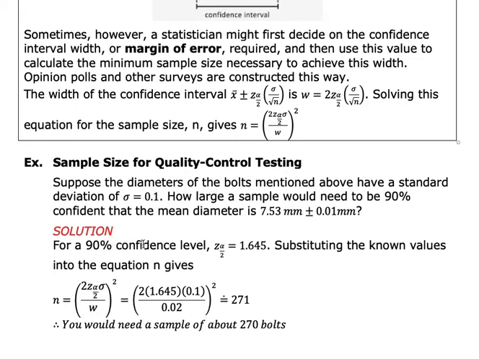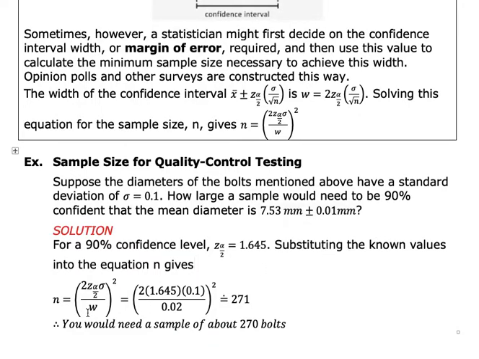So for a 90% confidence interval, that would mean that each of the tail sizes is 5%, and if we look on our chart, that is a z-score of 1.645. So 1.645 to the left and to the right to create those tail sizes of 5% on each tail. Substituting the known values into the equation gives the following. So n is equal to approximately 271. So you would need a sample size of about 270 bolts.